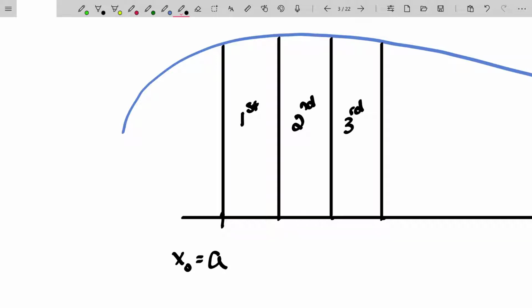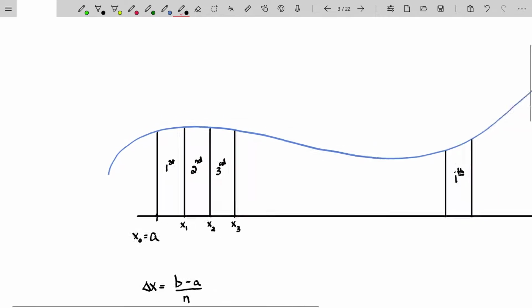Even though this interval here is the first interval, the left edge of it is called the 0th point. And then this will be x sub 1, this will be x sub 2, this will be x sub 3. Notice the third slice has a right edge of x sub 3, the second slice has a right edge of x sub 2, and the first slice has a right edge of x sub 1.